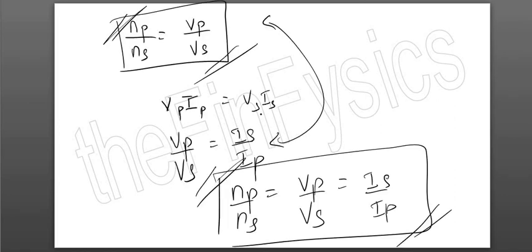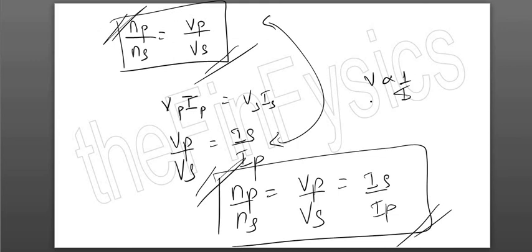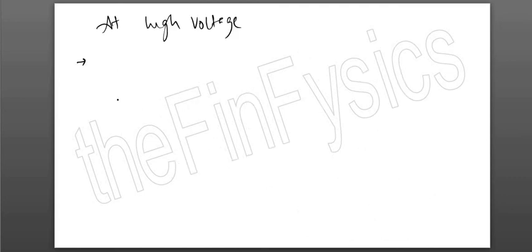The last part of transformers, they will ask you why is the energy transferred at a high voltage and not high current? Then you're supposed to remember for transformers, we can see that current and voltage have an inverse relationship. Okay, and the heating effect produced is equal to I square RT, which means if your current is more, I square is going to be more and the heat produced will be more.